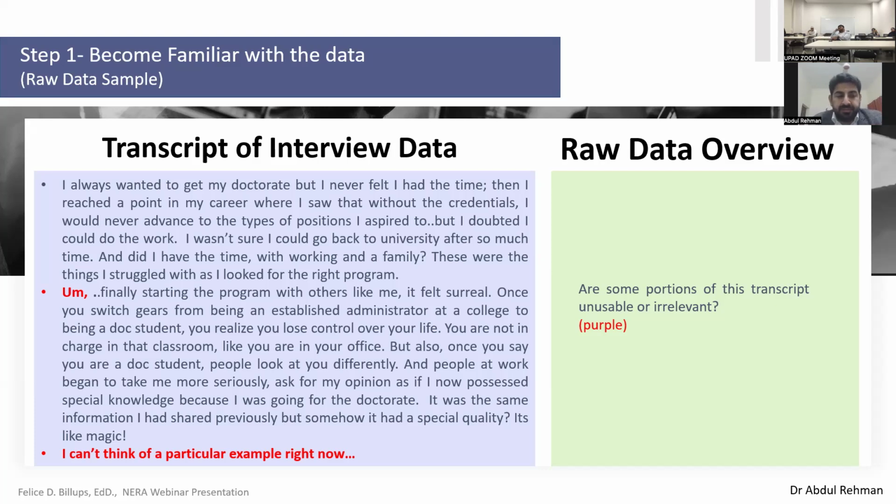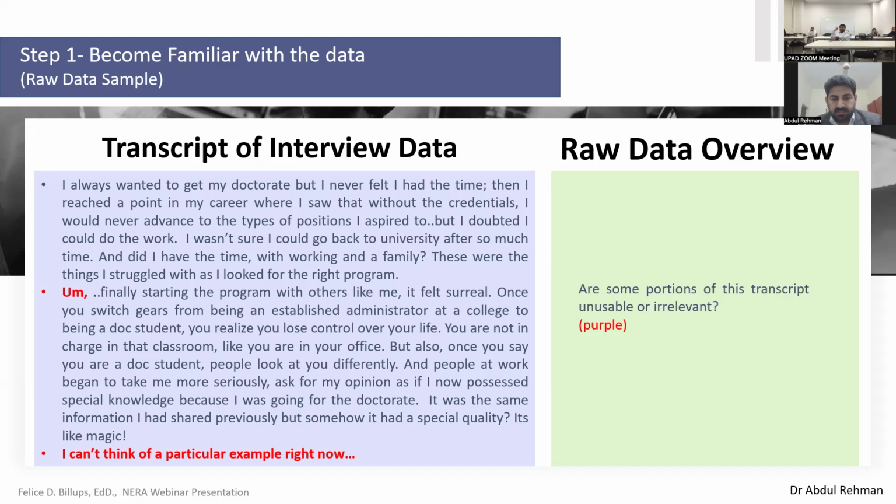Okay, continue. Finally, starting the program with others like me, it felt surreal once you switch gears from being an established administrator at a college to being a doctoral student. You realize you lose control over your life. You are not in charge in that classroom like you are in your office.